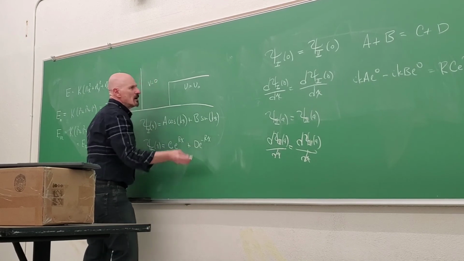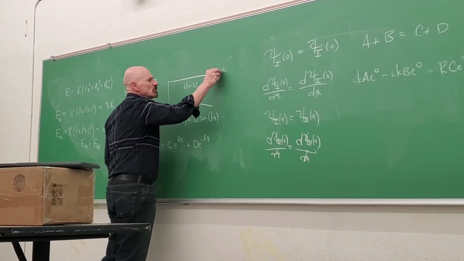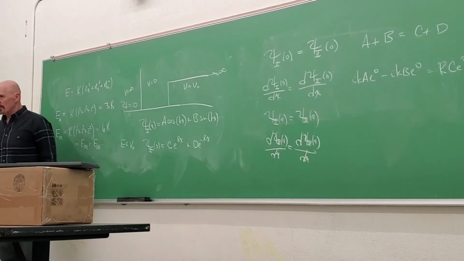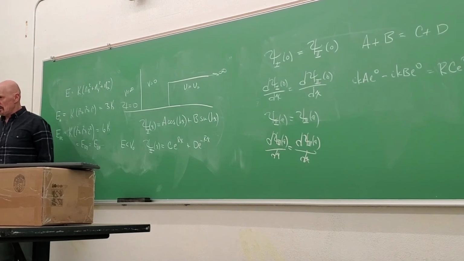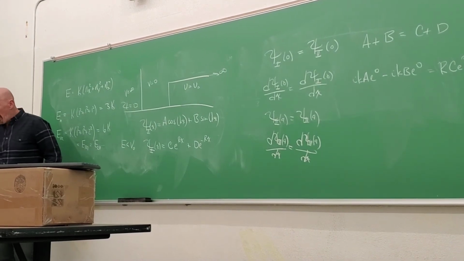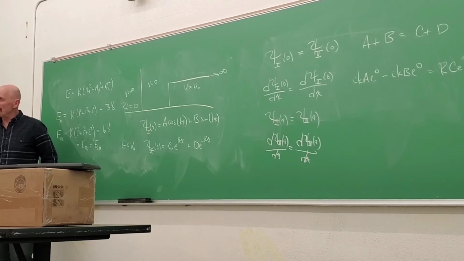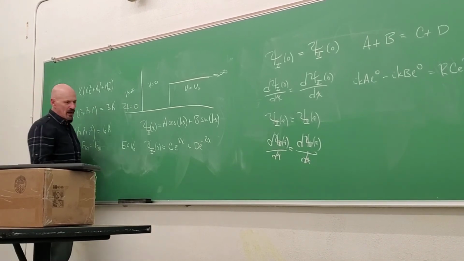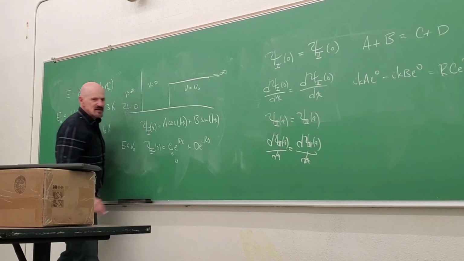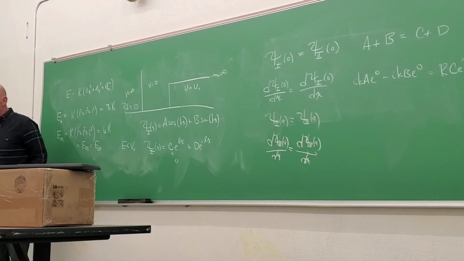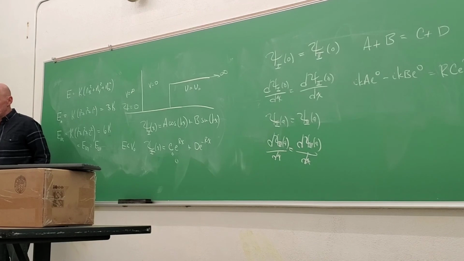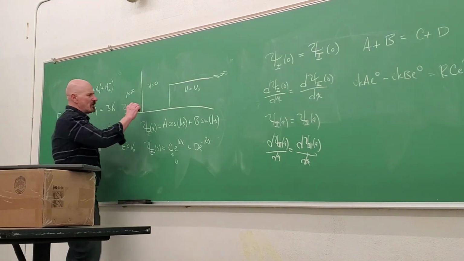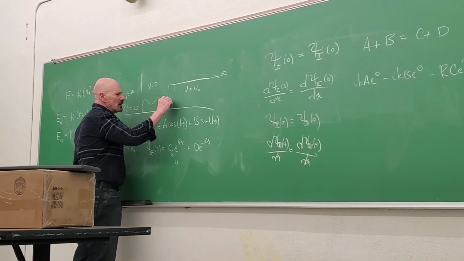This potential is assumed to go to infinity to the right, which by the first postulate, the wave function must be finite. You will make the argument then that C is equal to 0 to require that the wave function be finite. So what's going to happen here is you're going to have a bound wave within here, and it's going to decay into this region.